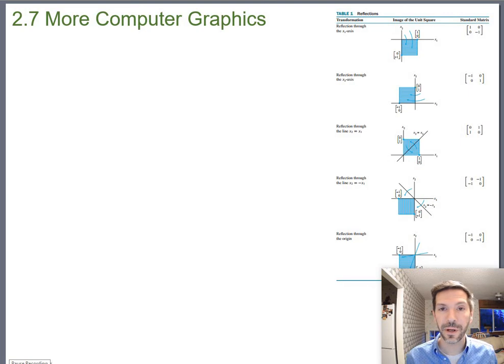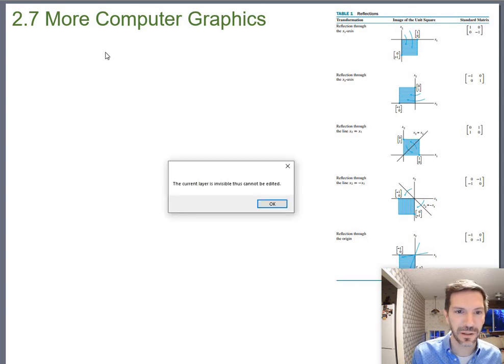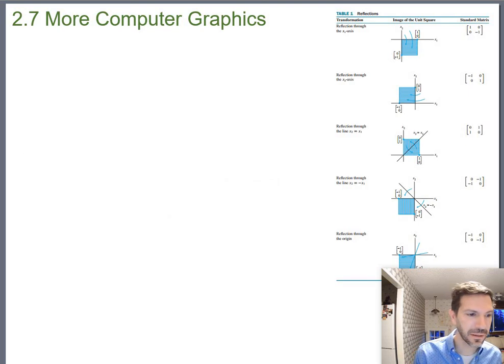And the other thing I wanted to point out in this video is just combining transformations. So let's say that you want to do the reflection that we talked about earlier, reflection around the y-axis.